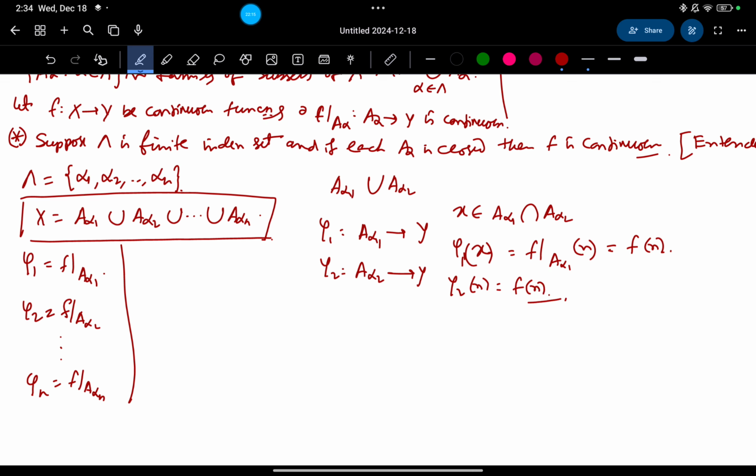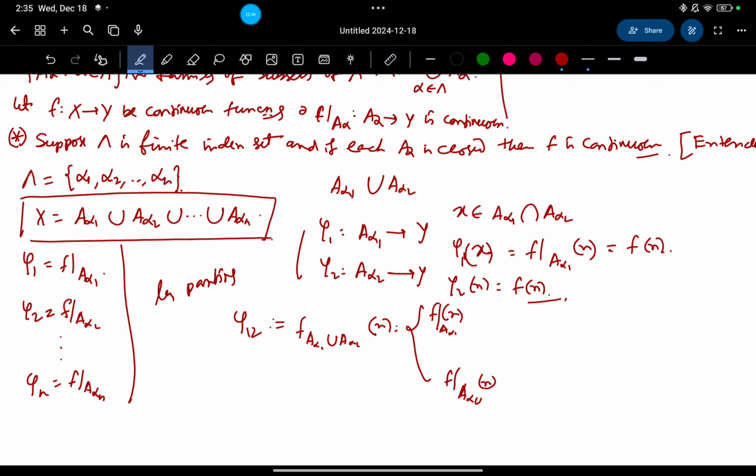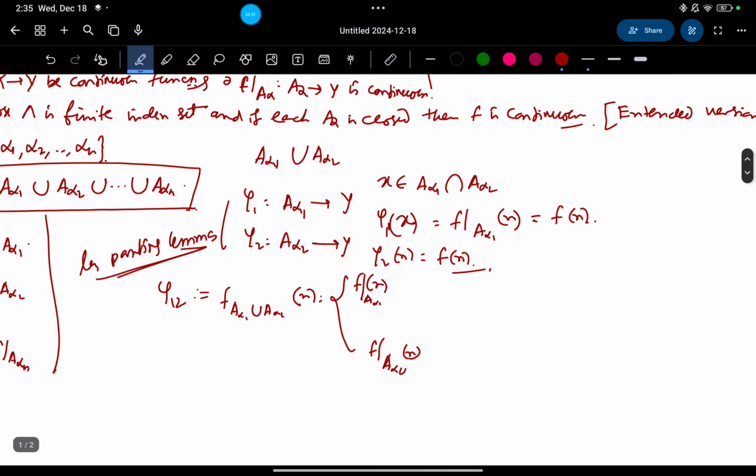So of course we can join them up, and we get f on A alpha 1 union A alpha 2, which is continuous by the pasting lemma.